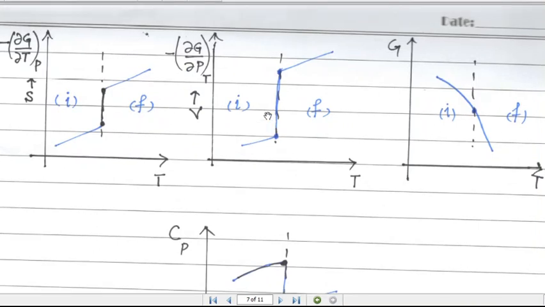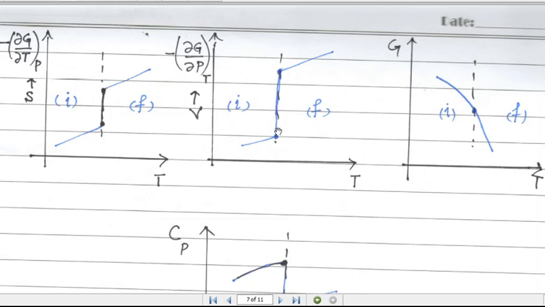So how can we show these phase transitions? Here we are showing the discontinuity at the phase transition. This is the transition temperature. This is the first stable phase, and this is the final stable phase of the system when we are increasing the temperature. At the phase transition, there is a discontinuity in the entropy, and similarly there is a discontinuity in the volume of the system.